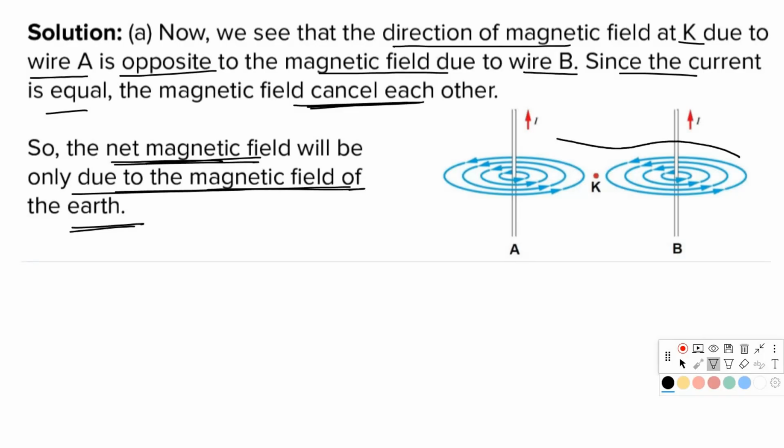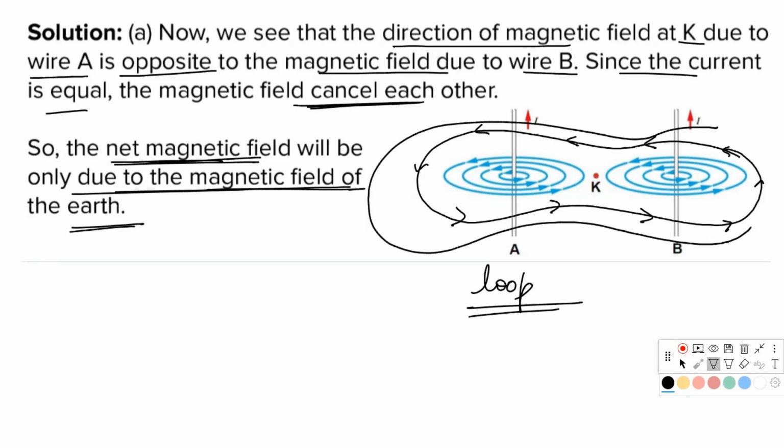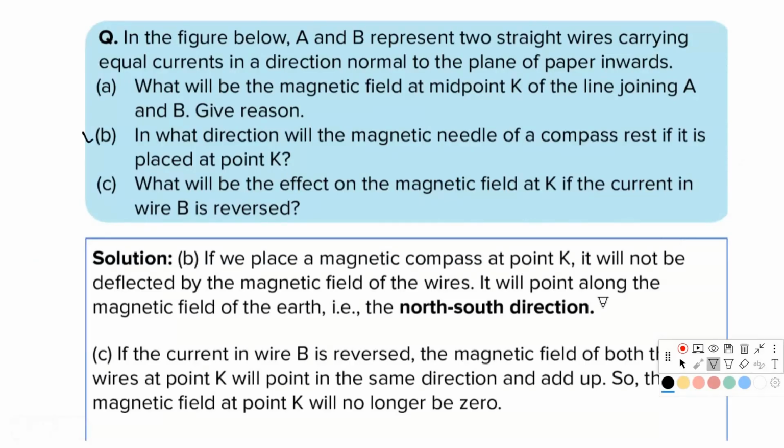So the field runs like this, but in case you want to show current is like this, bottom to top. The question was top to bottom, by the way. So here field runs around them. Sometimes they say draw magnetic lines of forces. Then you are supposed to draw like this kind of a loop. So magnetic field will be like this, a loop that runs around those points A and B. That's the first bit.